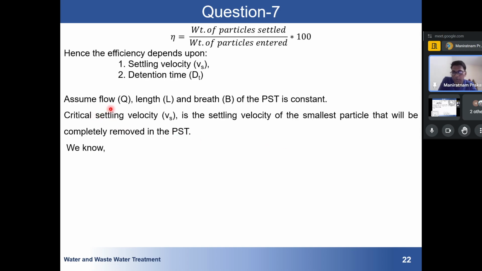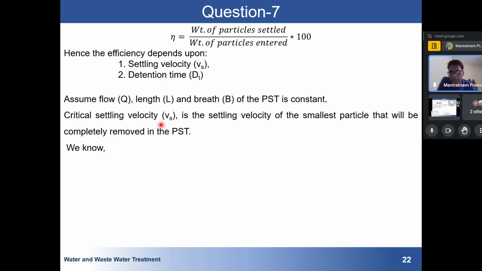So we can assume that flow is Q, length is L, width is B of PST, which is constant. It's not changing with time. Obviously this length and width cannot be changed, and we have already fixed our flow with the help of the grit chamber when it was passing through that chamber with the help of a proportional weir.